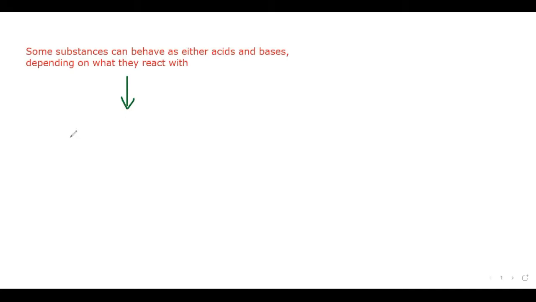We call this amphiprotic. So what is amphiprotic? Amphiprotic is a chemical species capable of accepting and donating proton. So this is limited to Bronsted-Lowry. But when we talk about amphoteric, that is a general terminology for all species that can behave as acid and bases, and they are not limited to Bronsted-Lowry theory.